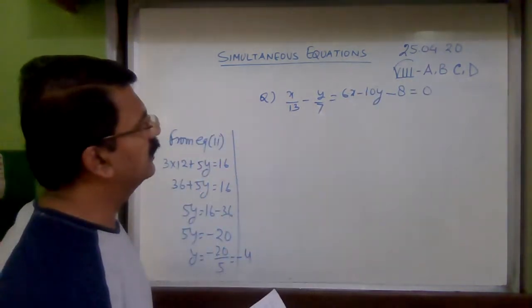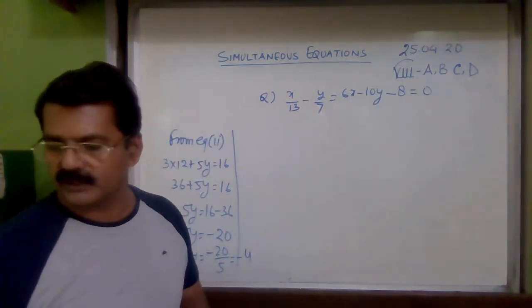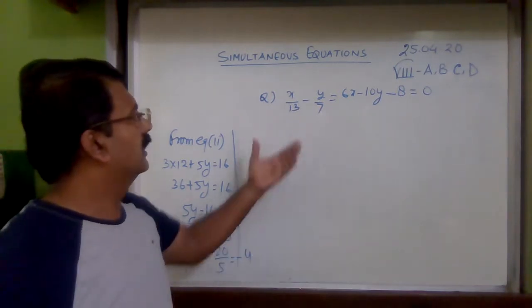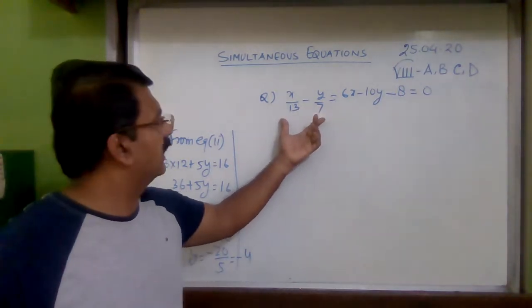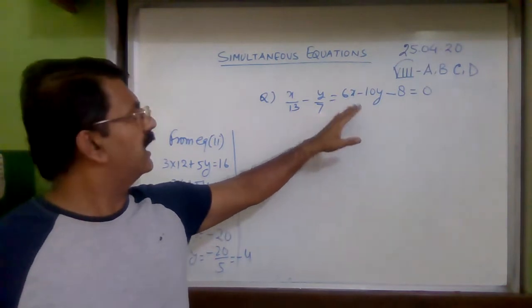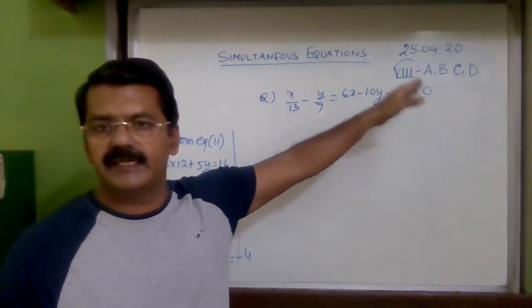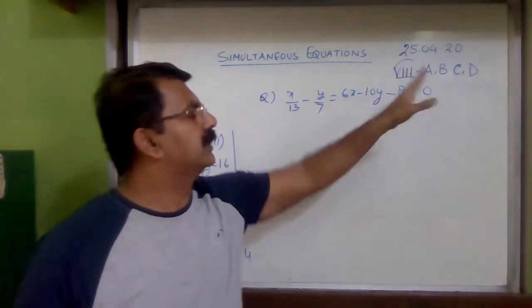Now you can see once again there are three parts of this equation. The first part is x by 13 minus y by 7. The second part is 6x minus 10y minus 8, which is equal to minus 8. And the third part is 0.